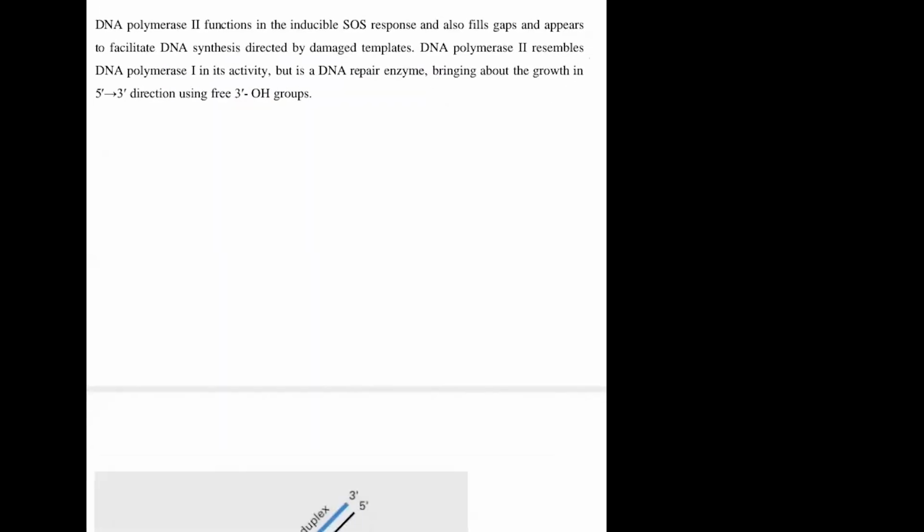DNA polymerase 2 functions in the inducible SOS response and also fills gaps and appears to facilitate DNA synthesis directed by damaged templates.